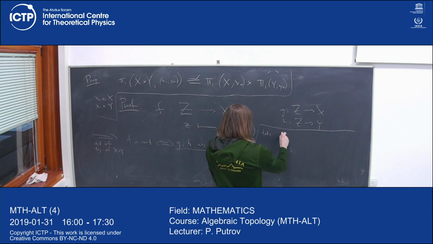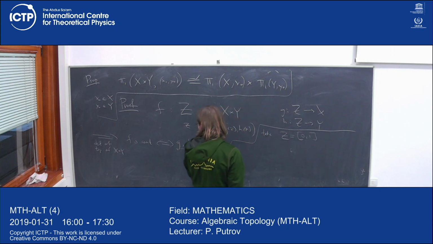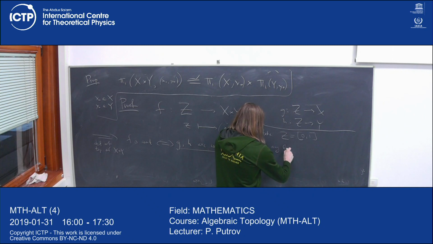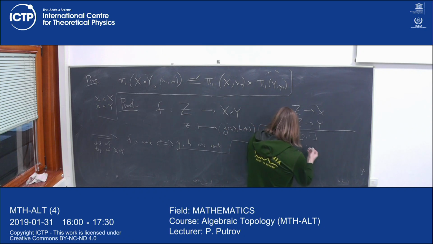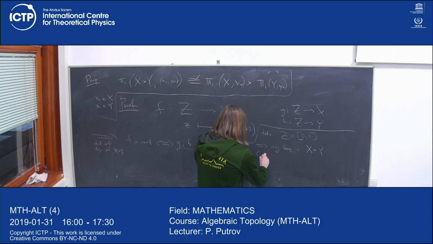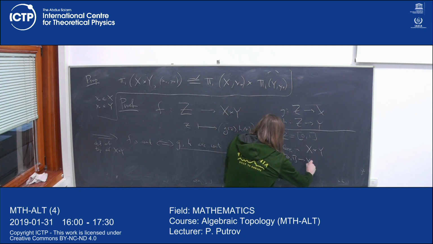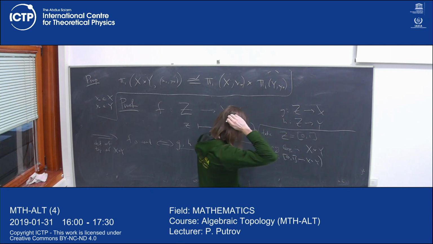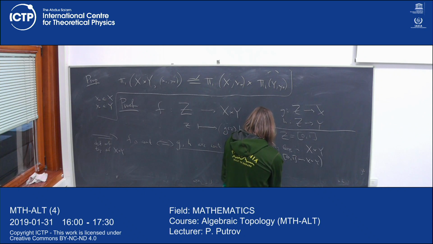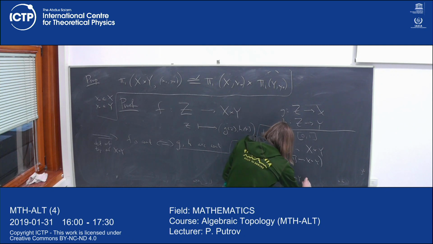So first, if you take in particular Z to be an interval, it follows that any loop in X times Y, that is a function f from [0, 1] to X times Y, can be interpreted as a pair of loops g, h in X and Y respectively.